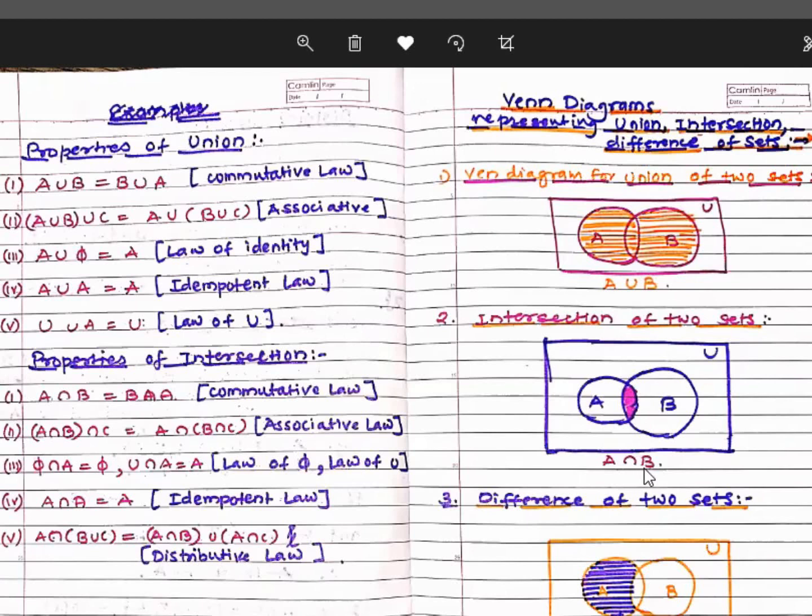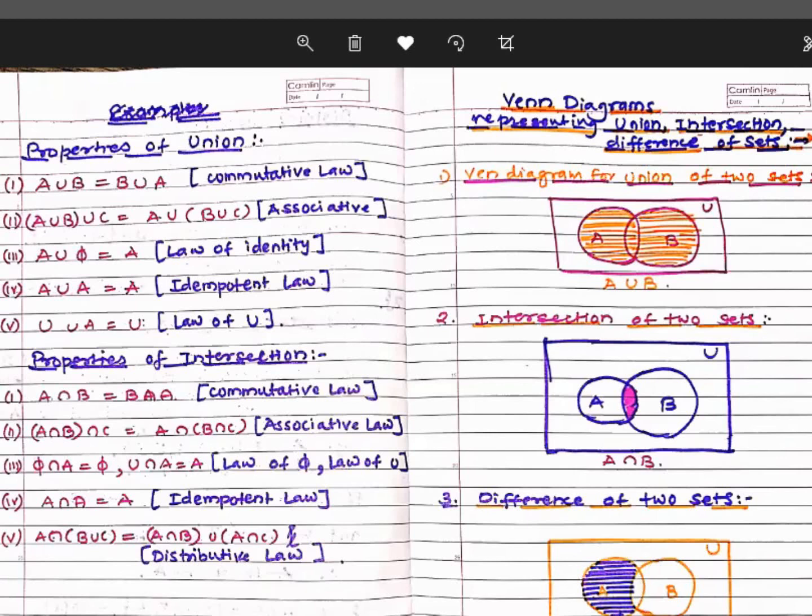And for the difference of two sets, as we have seen, the difference is nothing but the set of elements which are present in A but not in B, right? So that is purely the part of A only. No common part among A and B should be there.